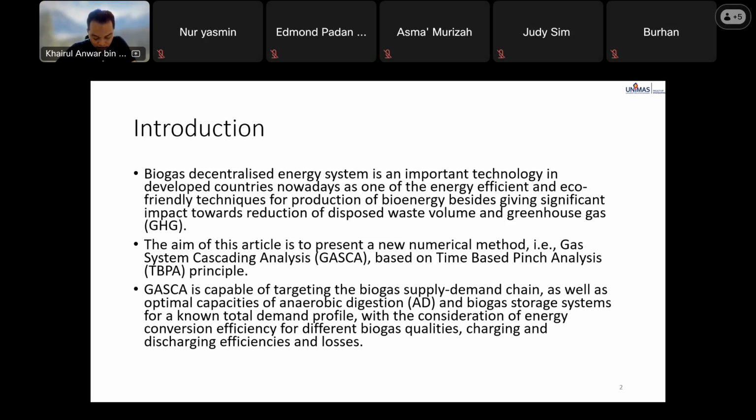The simulation study also revealed that application of GSCA optimized biogas energy system could potentially reduce carbon emission up to 138 tons CO2 equivalent per day. Moreover, a sensitivity analysis was conducted.